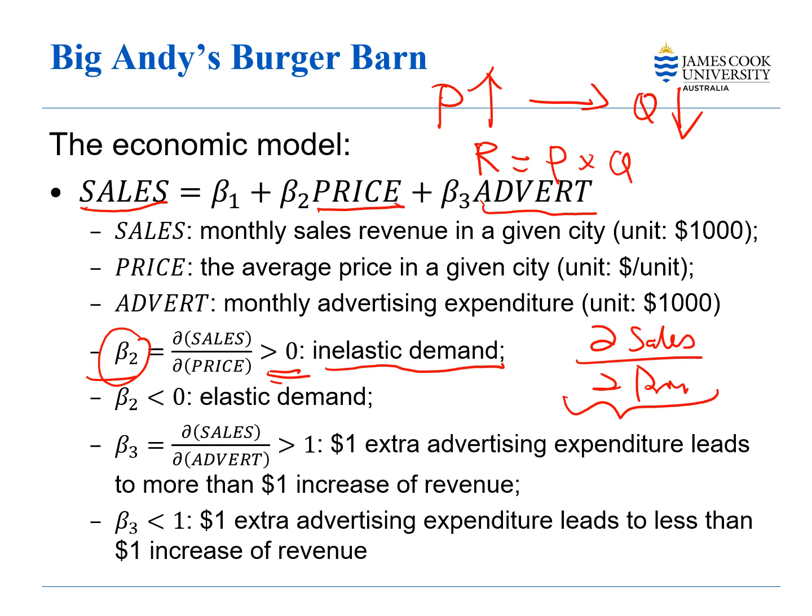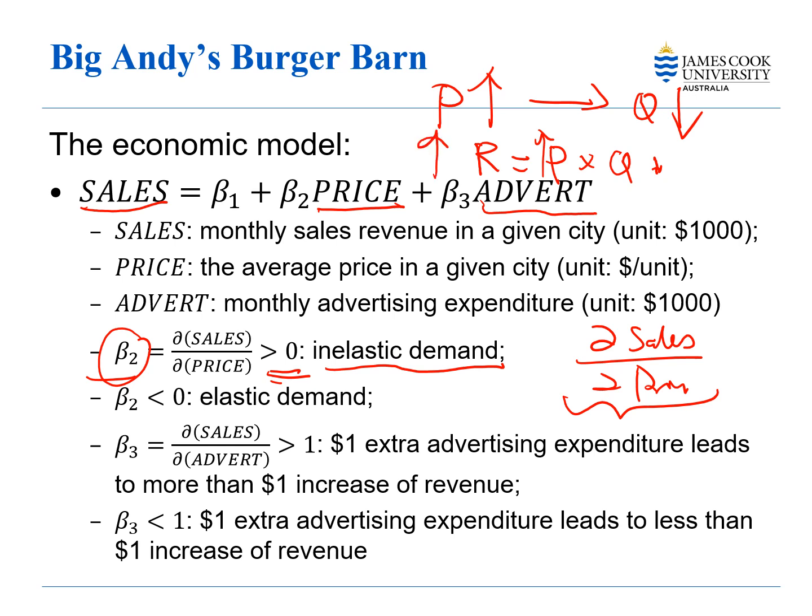So price goes up, quantity decreases. If the demand is inelastic, then the decrease in quantity is smaller. Say price increased by 1%, quantity decreased by less than 1%. So in the end, the sales revenue goes up.